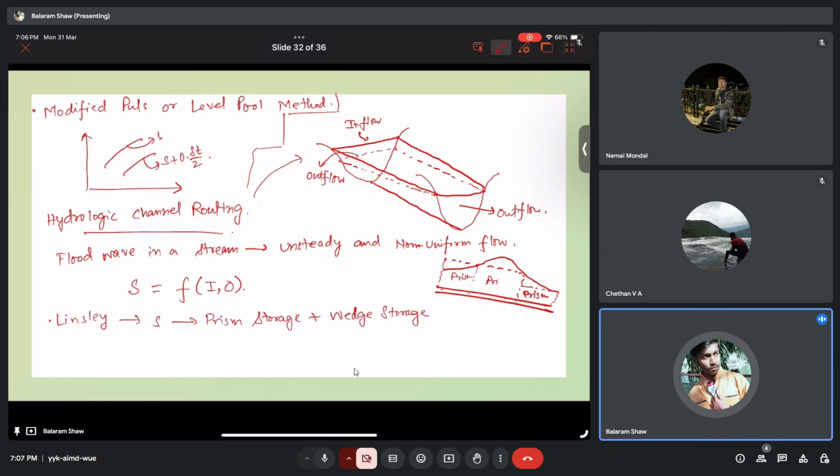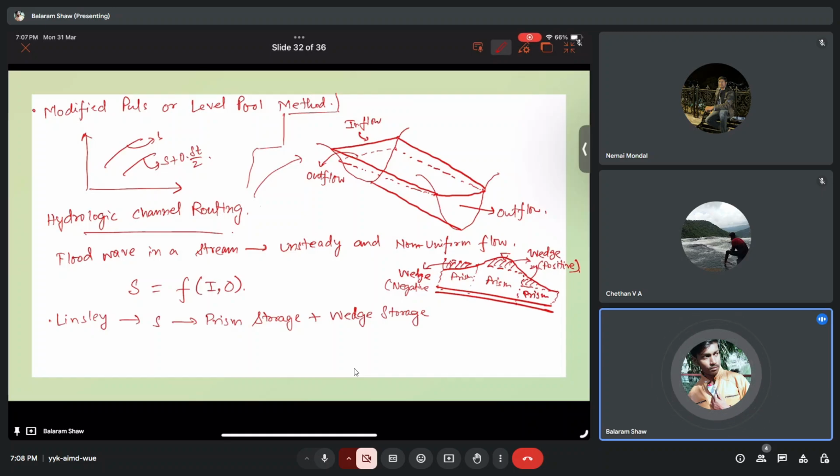Now you see this part is not in this prism, but we have considered that also. This is the wedge part, and this is the negative wedge part because we have considered that as in prism. Whereas if you see this part and this part, these two also are wedge storage, but as we have not considered this in prism, it is a positive wedge storage. Okay, and this is the water flow that is happening.